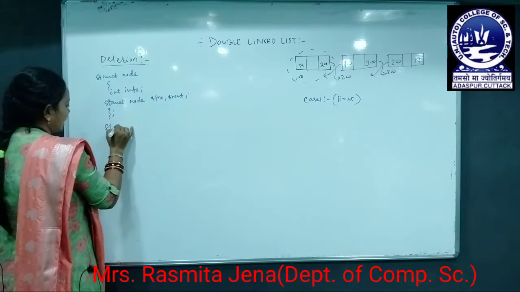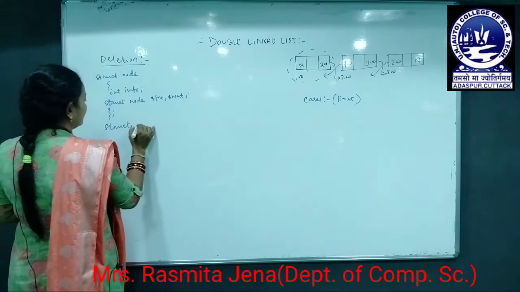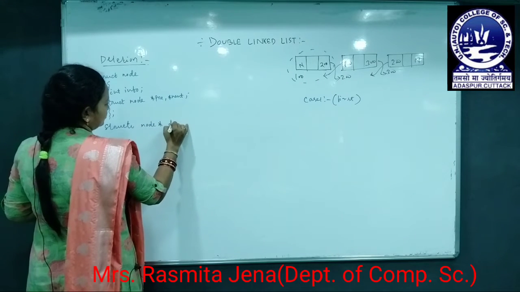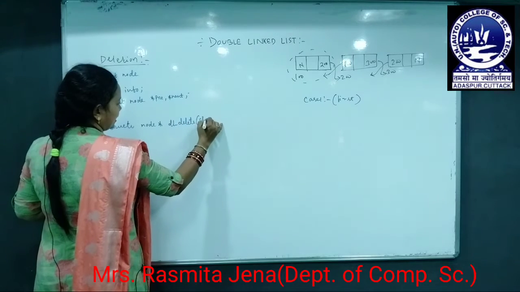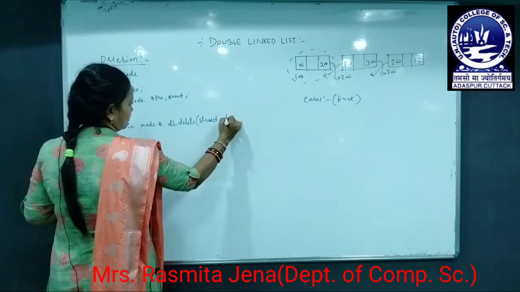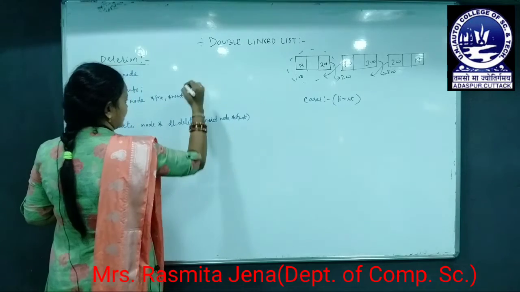Every time we will return the starting node address. So, struct node star, and the function is, suppose, DL delete, and every time we will receive the starting node address also. Suppose that is stored in the pointer start.